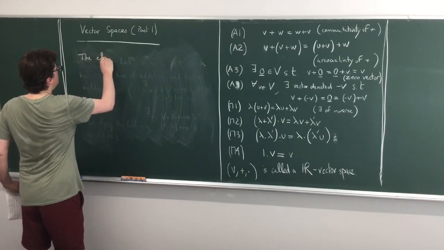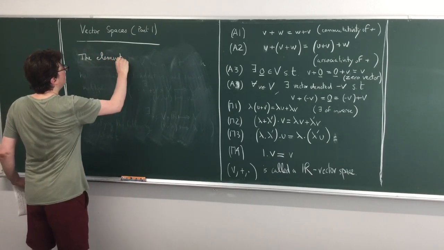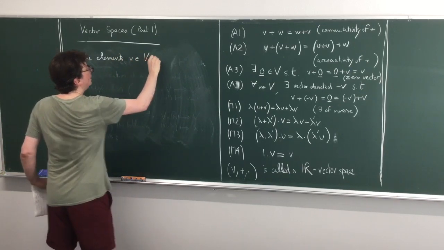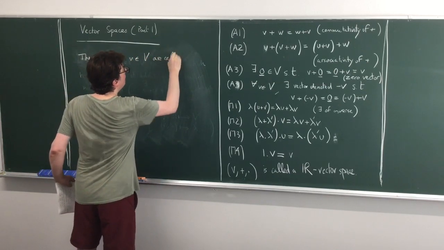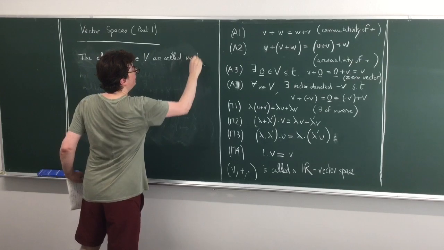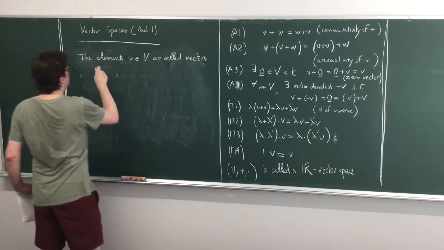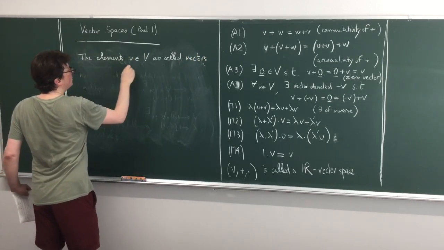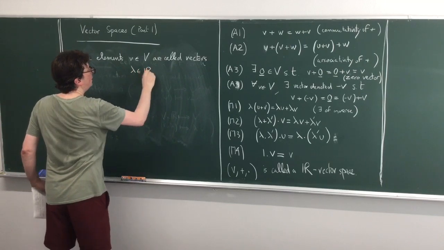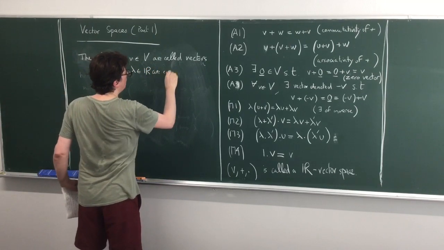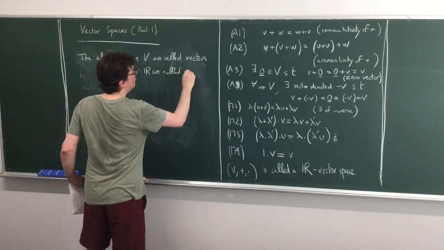The elements v in V are called vectors, and the elements lambda in R are called scalars.